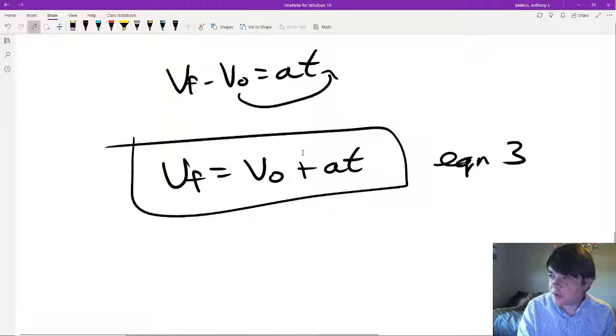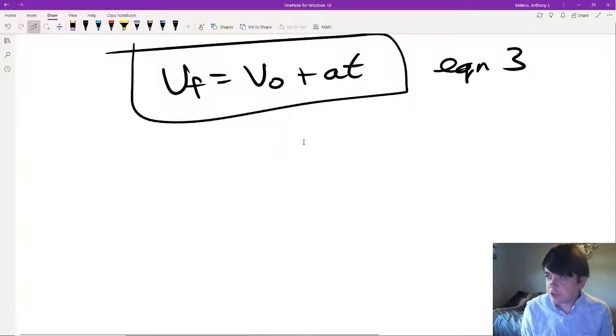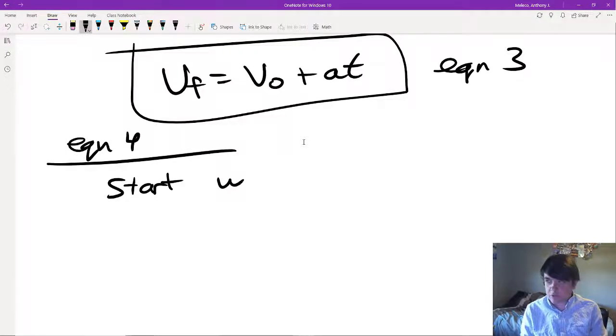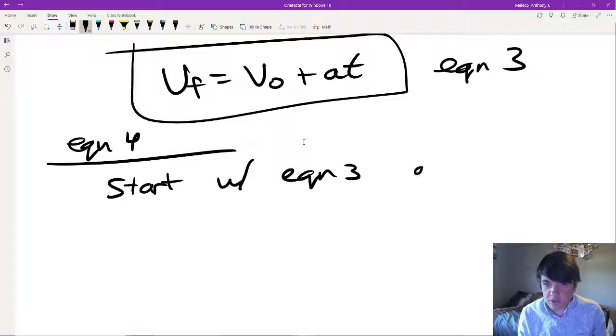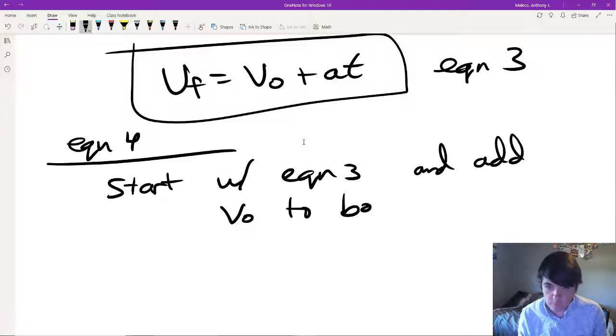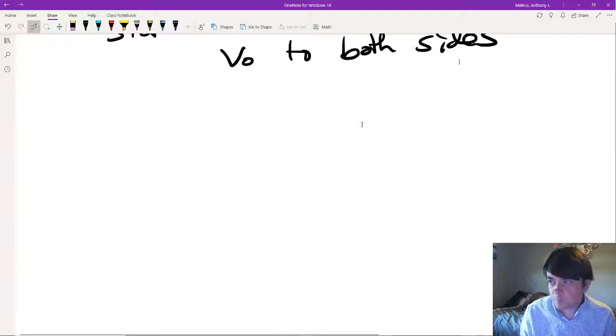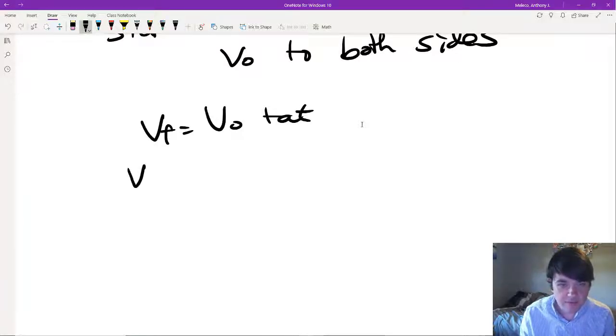The next equation actually requires some ingenuity. This is going to be the equation 4 derivation. We're going to start with equation 3, v final equals v initial plus at, and add v naught to both sides.